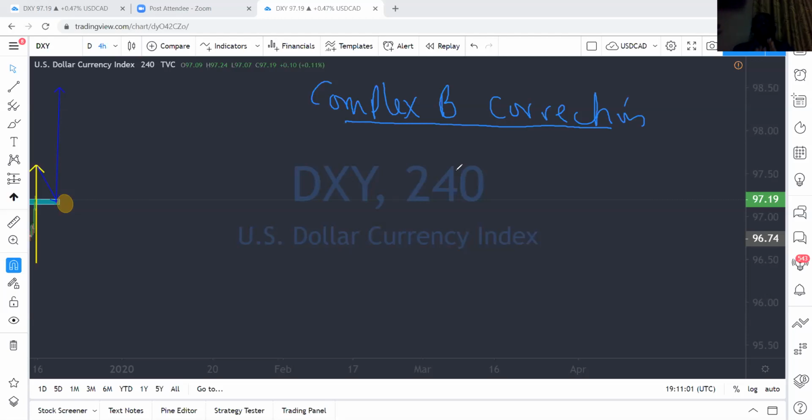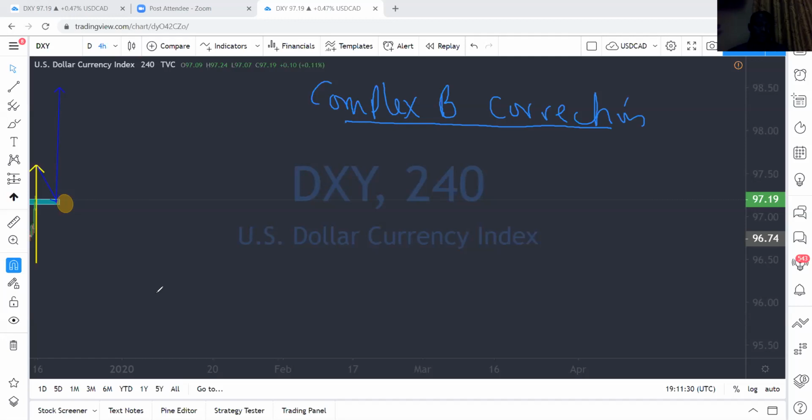If you have that knowledge and you are able to appropriately pick out a complex B correction inside, then your job is simple. But if you are not able to say with certainty that the wave you are seeing is a complex B correction, you will not be able to do your markup and your forecasting right.